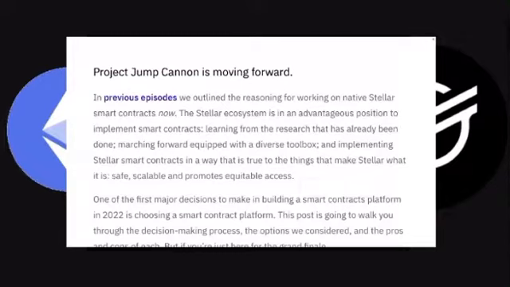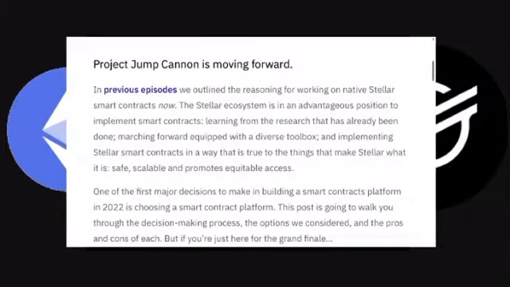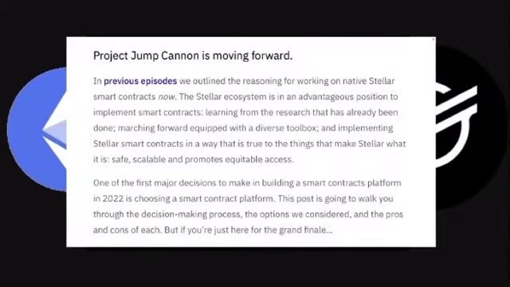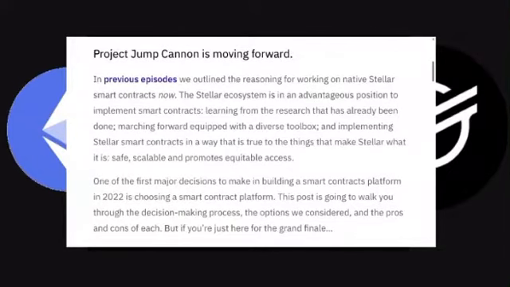The Stellar ecosystem is in an advantageous position to implement smart contracts, learning from research that has already been done, marching forward equipped with a diverse toolbox, and implementing Stellar smart contracts in a way that is true to the things that make Stellar what it is: safe, scalable, and promotes equitable access.